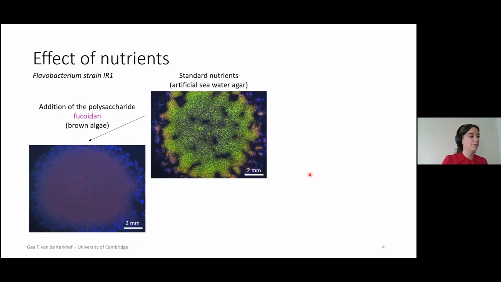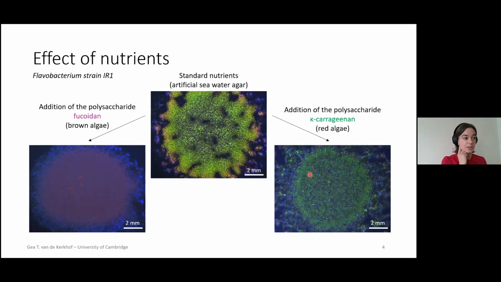If we add a different type of polysaccharide instead of fucoidan, for instance kappa-carrageenan, we don't get the same kind of response. So it seems like they have a very specific response to this fucoidan component. This is especially interesting because fucoidan is produced by brown algae, and these bacteria come from the sea. So this could potentially indicate some kind of link to the function of this kind of coloration.